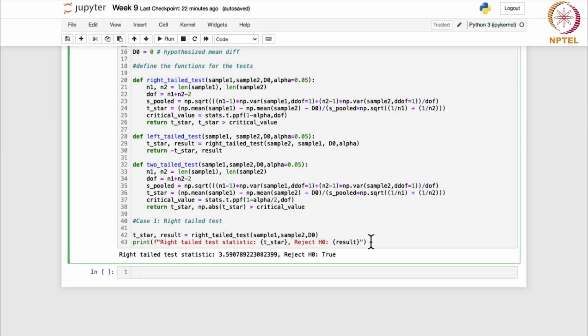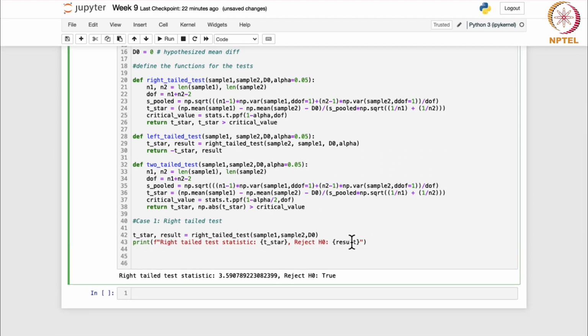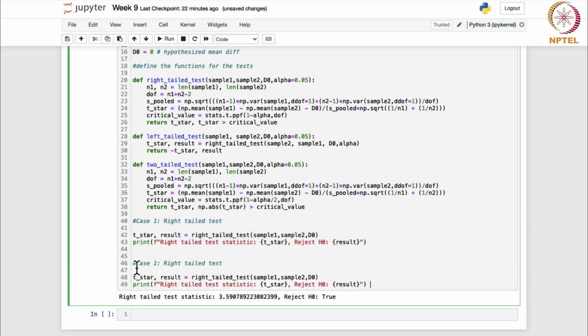Likewise, you can also compute the other tests. Let me reuse this. Case 2 will be for your left tail test. Okay, so T star, and here we are going to call the left tail test function. Left tail test statistic.